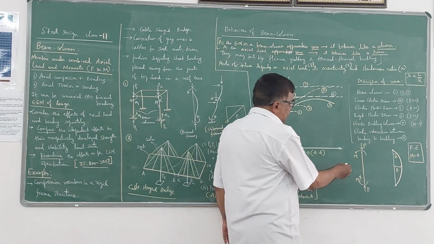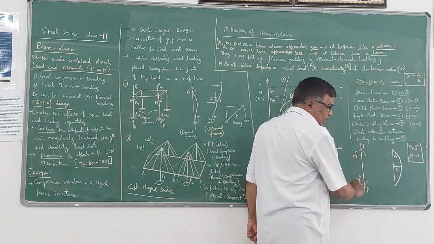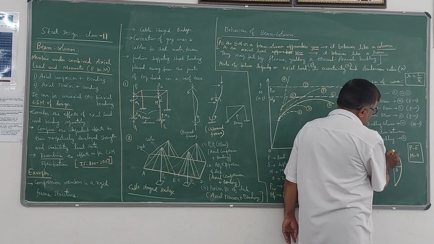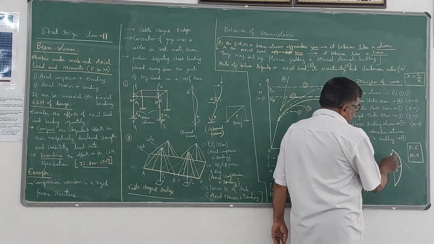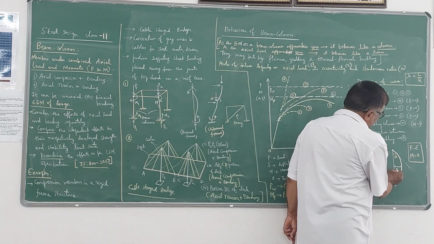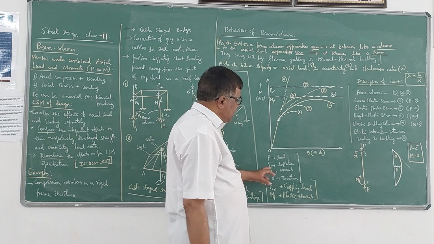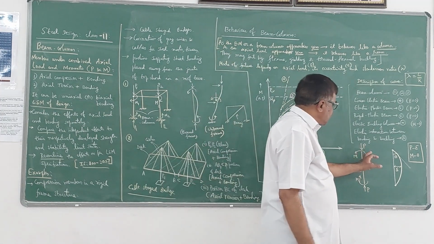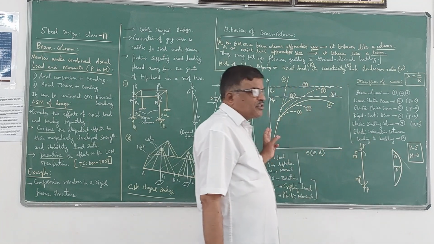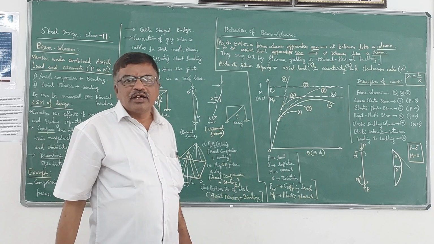Here P is the axial load, and M is the corresponding moment that is going to develop. Theta is the angle made by the elastic curve with the initial straight line of the column, and delta is the lateral deflection, or simply deflection. So the P versus delta or M versus theta graph is drawn. Based on the type of the graph, you can decide the behavior of the beam column.